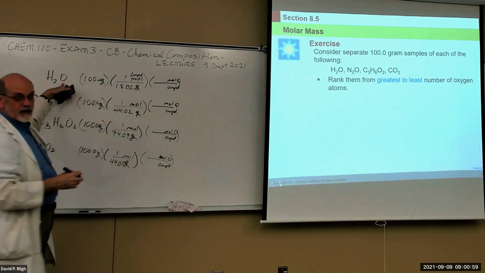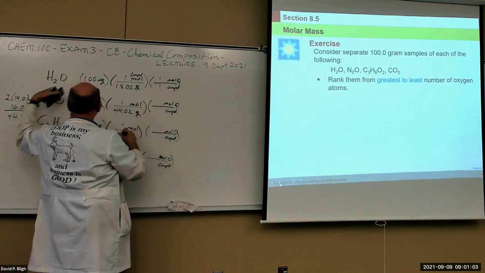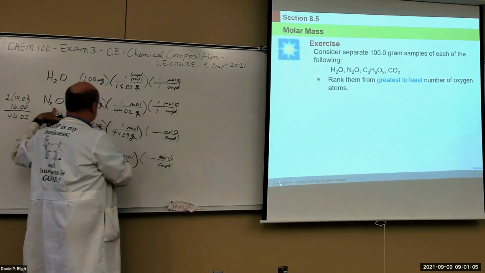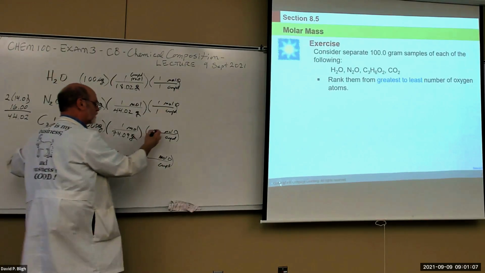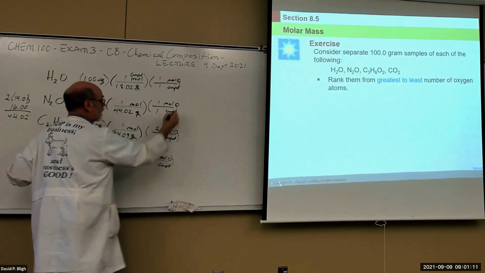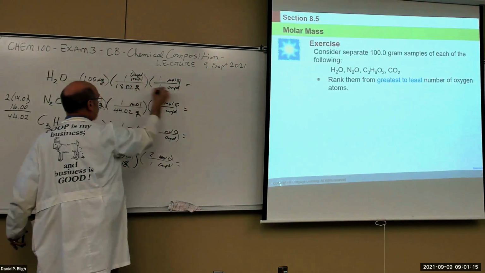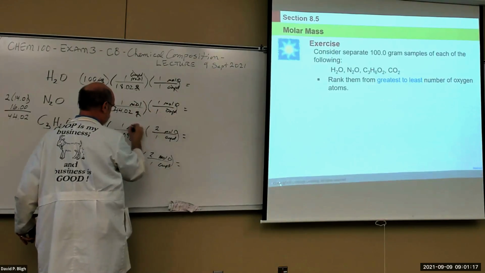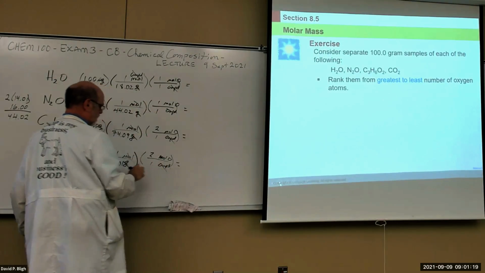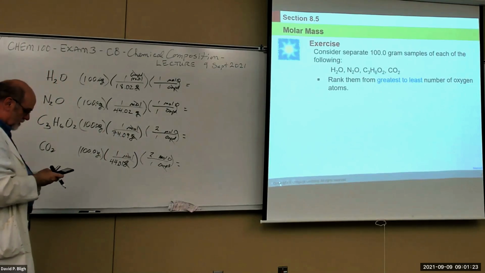This is 1 to 1. 1 mole of oxygen for every mole of water. Same thing for dinitrogen monoxide. This one has 2 for each one. And this one has 2 for each one. So now, we've canceled that. And now we just do the calculation, right?